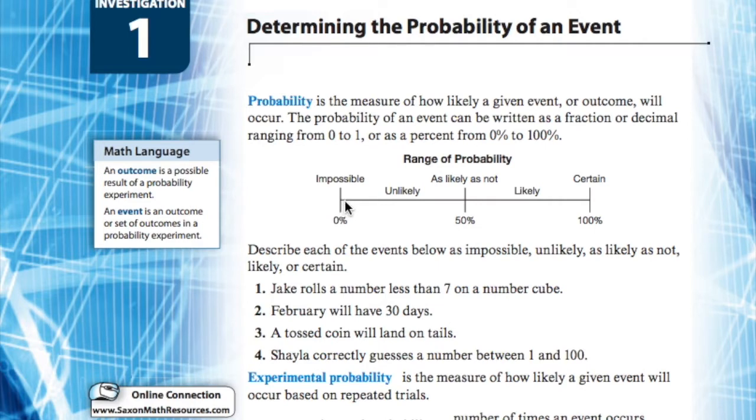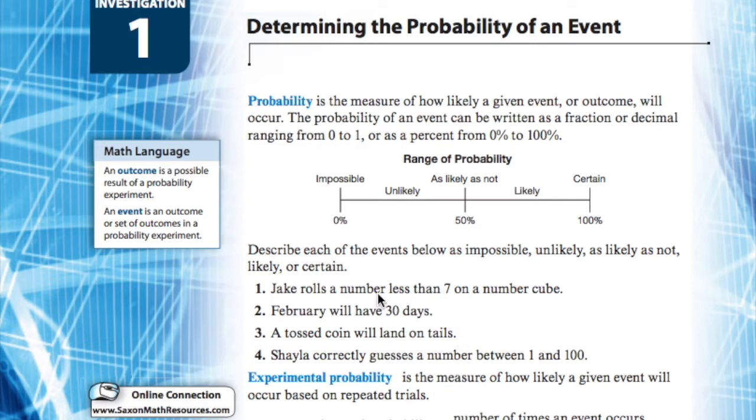Therefore our probability is described as unlikely. In our lesson today, we're going to apply both this way in which we would apply a number scenario to a probability, and also the actual experimental calculation of probability. Experimental probability is the measure of how likely it is a given event will occur based on repeated trials. So basically, you're not just saying, how likely is this to happen one time?